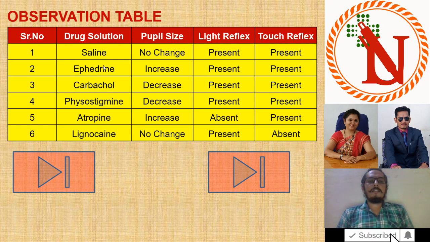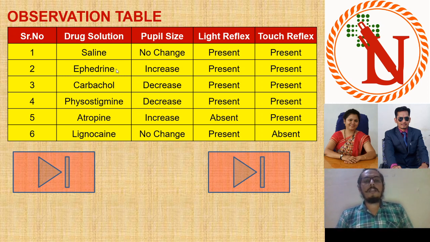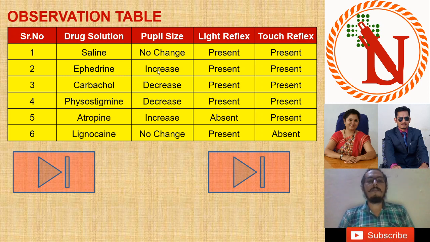Ephedrine is a sympathomimetic drug which binds with the alpha 1 receptor and increases the pupil size, while it also produces a positive sign in the light reflex and the touch reflex. Carbachol and physostigmine, which are parasympathomimetic drugs, decrease the pupil size.